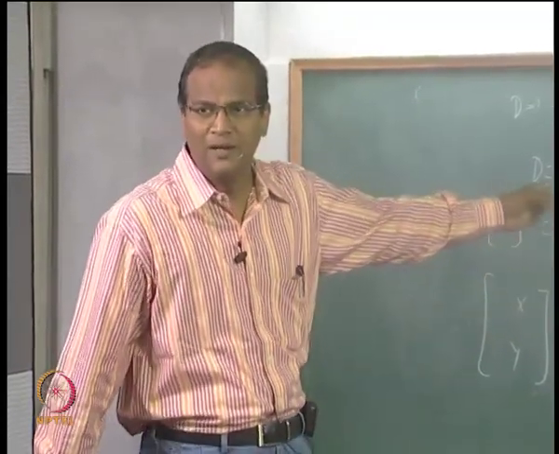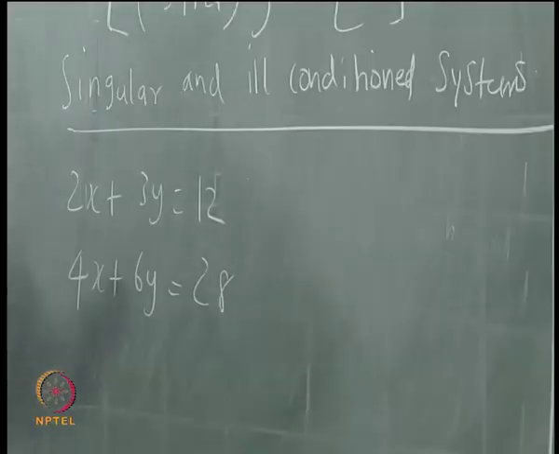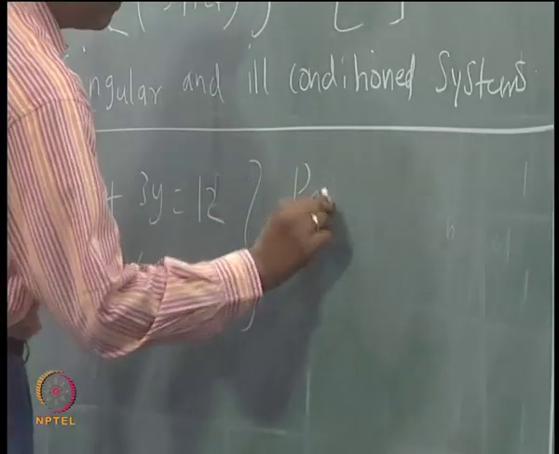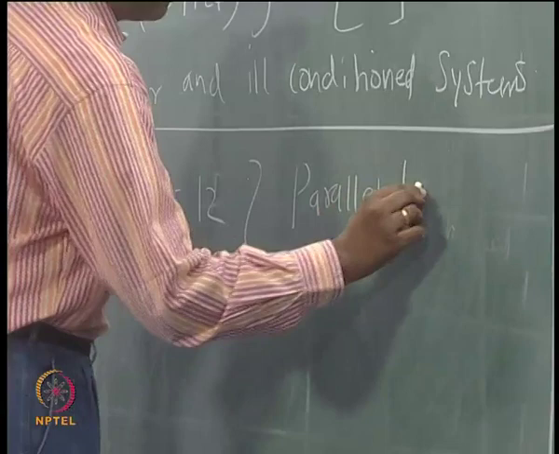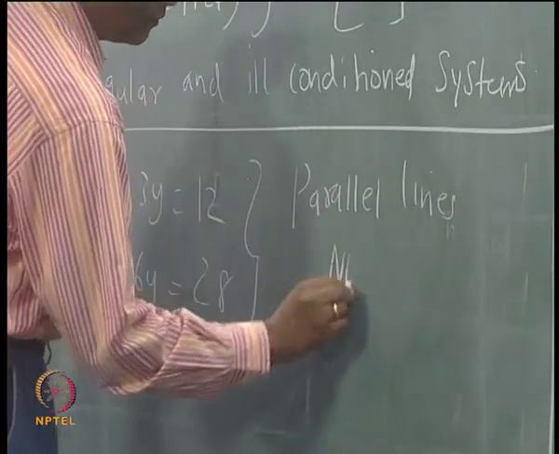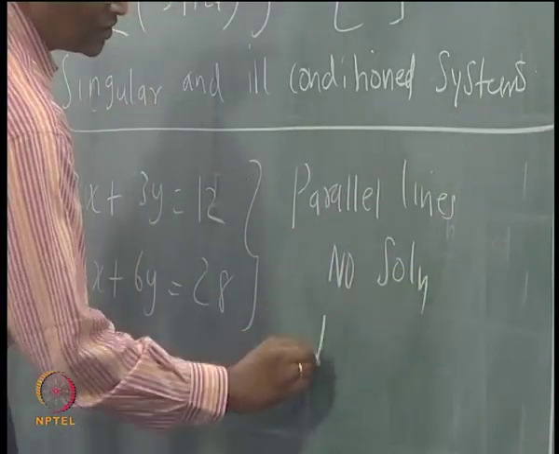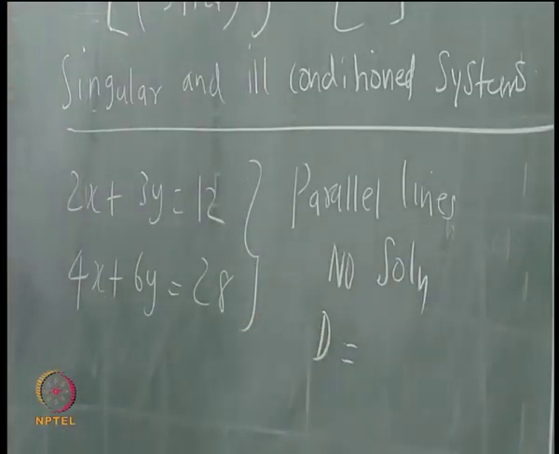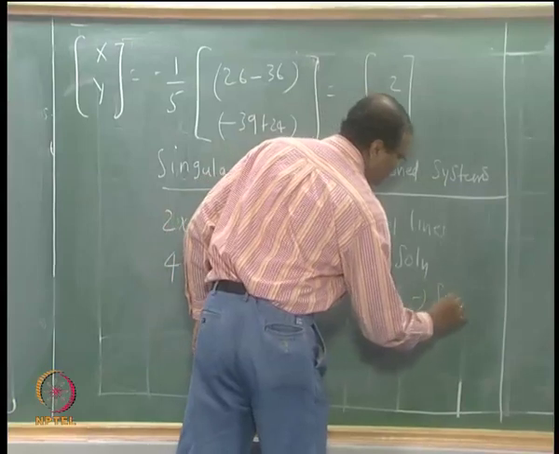They are parallel lines, they will never meet. What is D? D is equal to 0. This is a singular system.